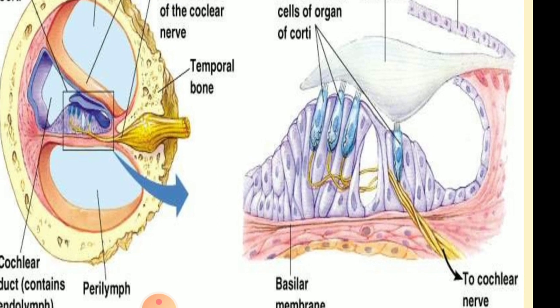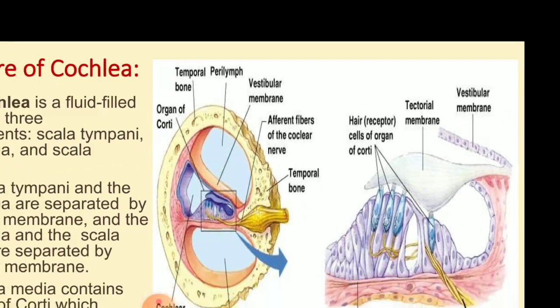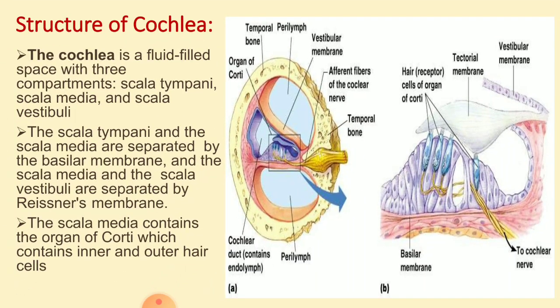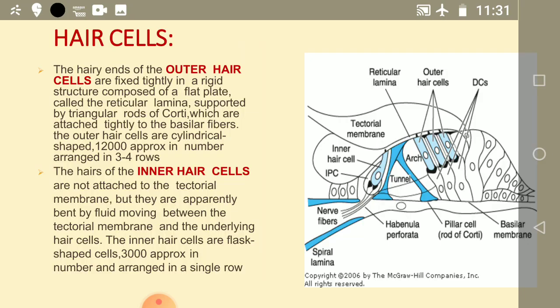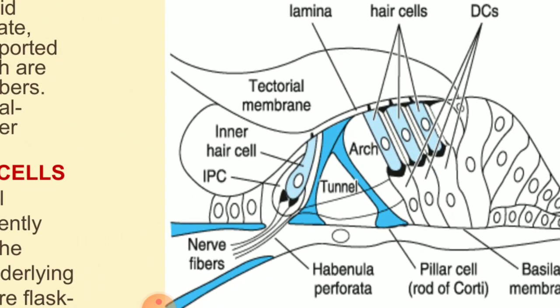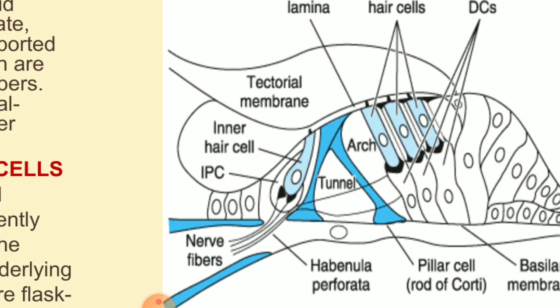There is another specific difference between the disposition and structure of inner and outer hair cells. You are seeing that there are certain hair like projections coming out from the upper portions of the hair cells, both outer and inner. These hair like projections are called stereocilia.